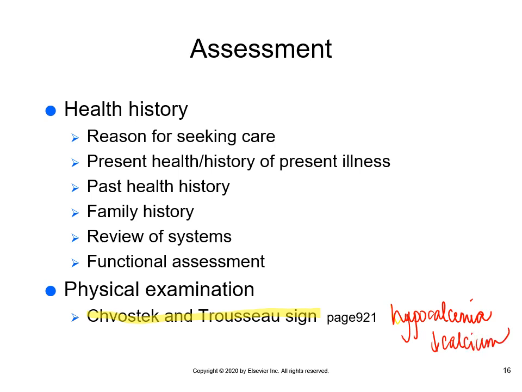So what is Chvostek's sign? Look at letter A in figure 47.4 on page 921. Chvostek's sign is when they tap the side of the face, and there's going to be a spasm of the facial nerve.